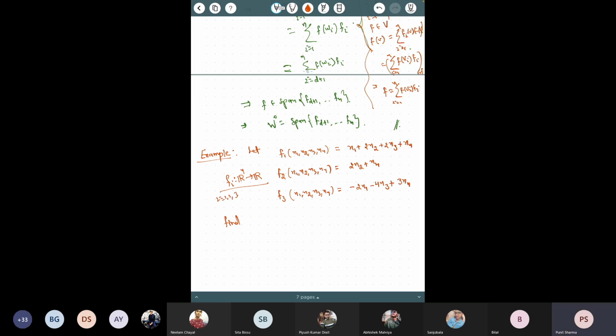So the question is, find the subset of R4 which is annihilated by F1, F2 and F3.